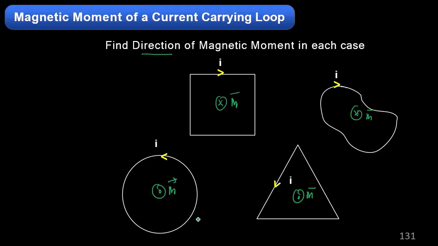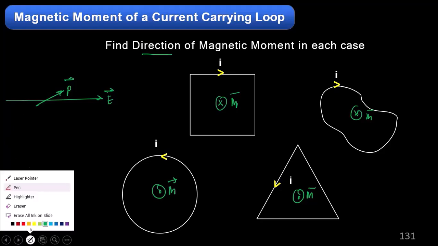Why? Because once I calculate the magnetic moment, I have, let us say, a constant dipole. Remember the concept of a dipole placed in the presence of an electric field. If there is a dipole P placed in an electric field E, this dipole will experience a torque.